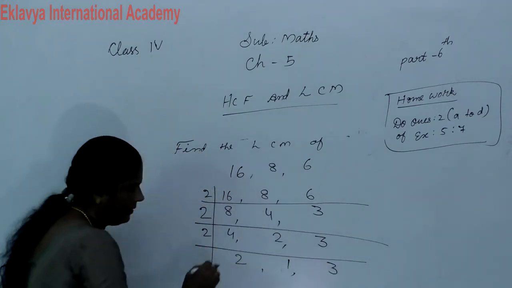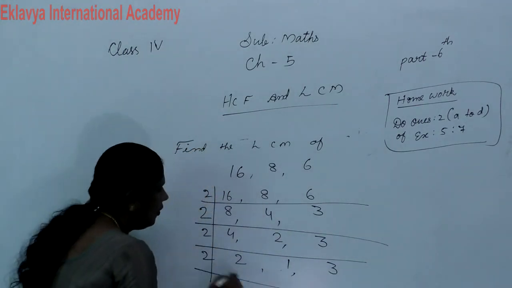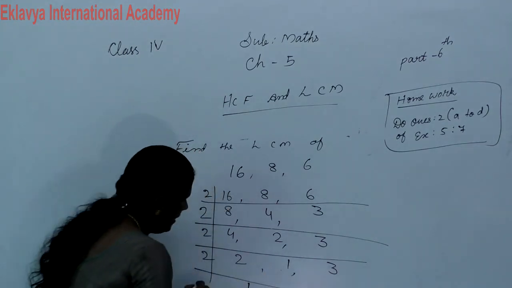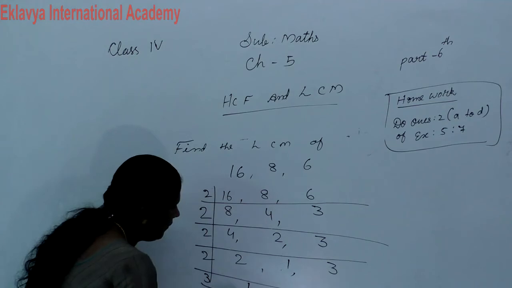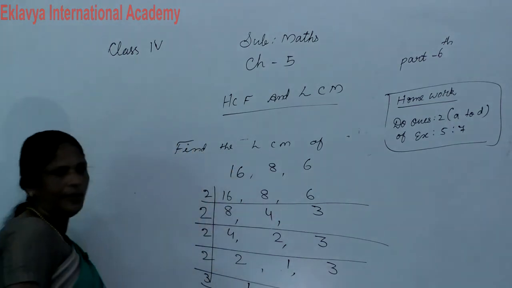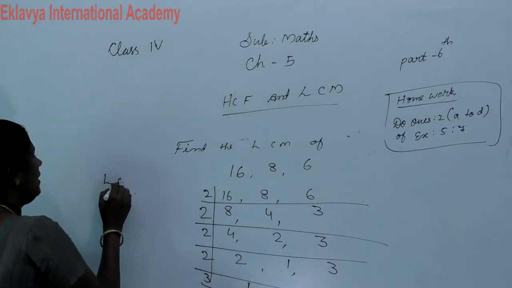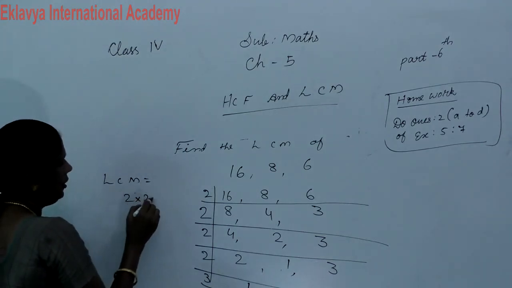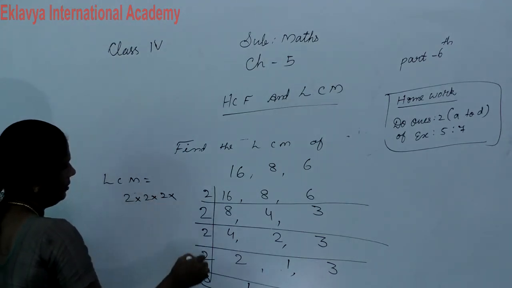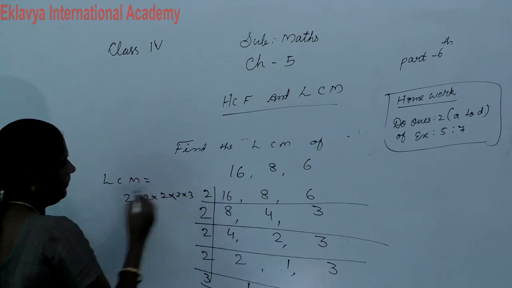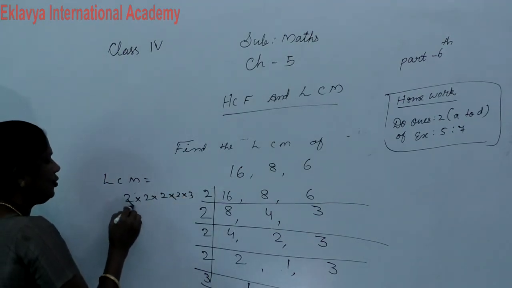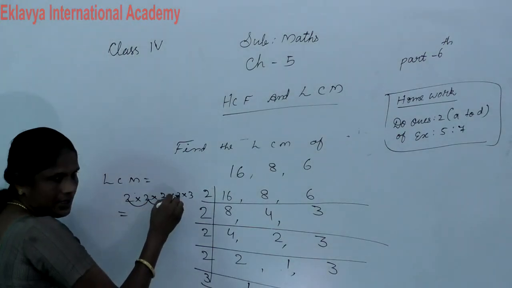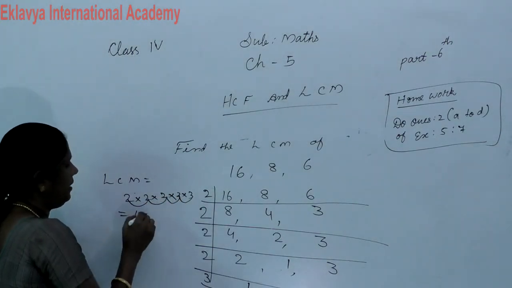Again 2, 1 as it is, here 3 as it is. Again 3, 1. Okay. Then LCM is equal to 2 into 2 into 2 into 3. Then multiply: 2 2s are 4, 4 2s are 8, 8 3s are 24.